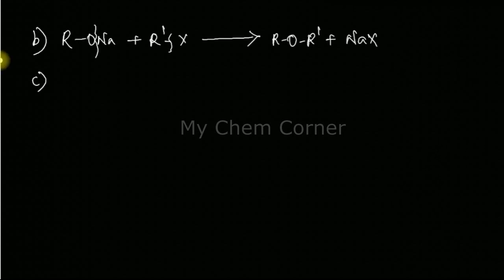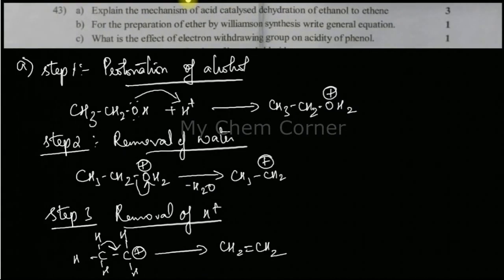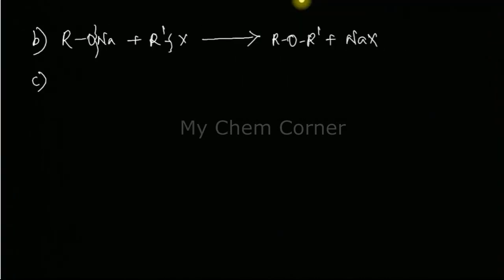Then C is, the question clearly says what is the effect of electron withdrawing group on acidity of phenol. So I'll make you understand here. Let's say I'm having phenol, alright, what happens here during resonance, the lone pairs on oxygen will go towards the carbon atom, go towards the benzene ring, therefore making this particular group more acidic in nature.